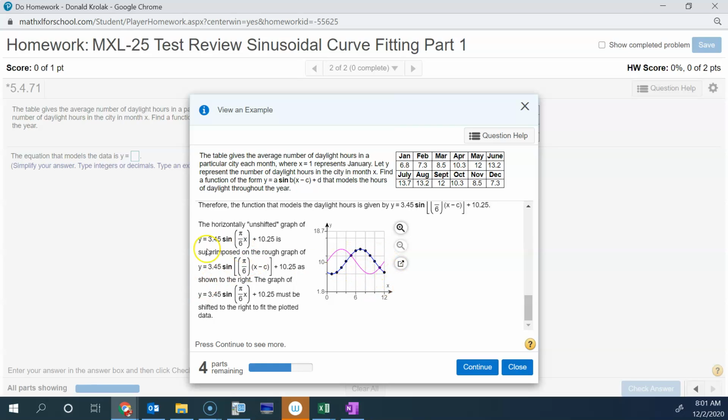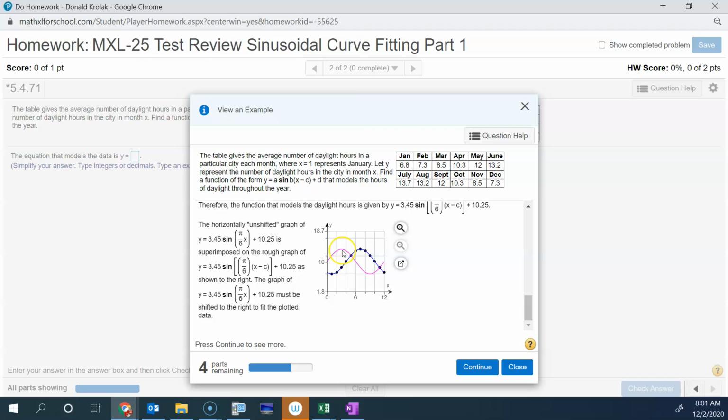If you superimpose it on the graph of the data shown at the right, the unshifted graph is the one that's in pink. It must be shifted to the right to fit the plotted data.